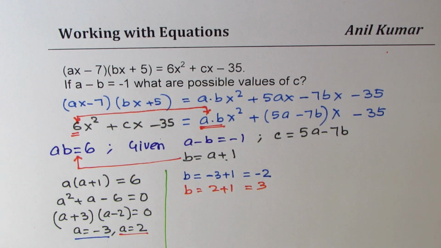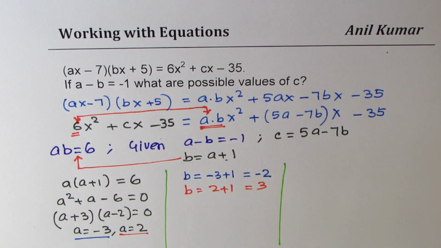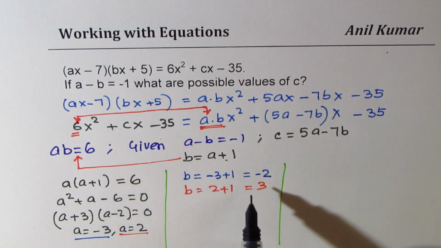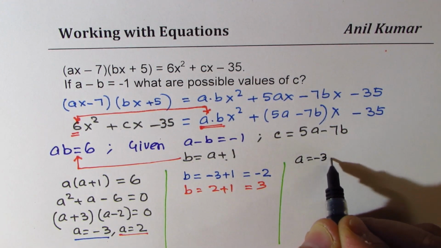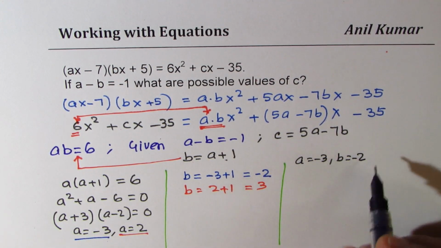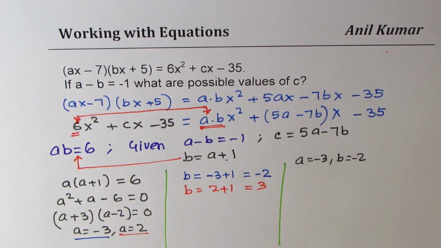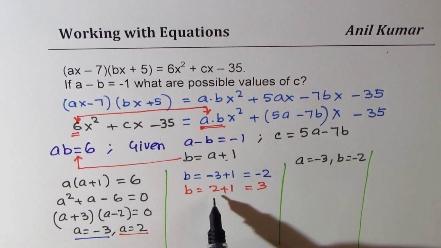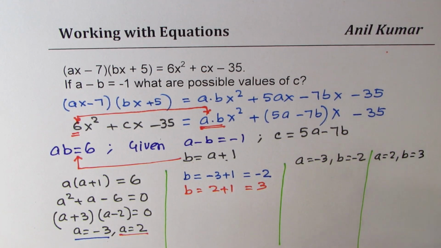And so we expect two different values for c. Do you see that? So we expect two different values of c. One set becoming a = -3, b = -2, and the other being that a is 2 and b is 3.